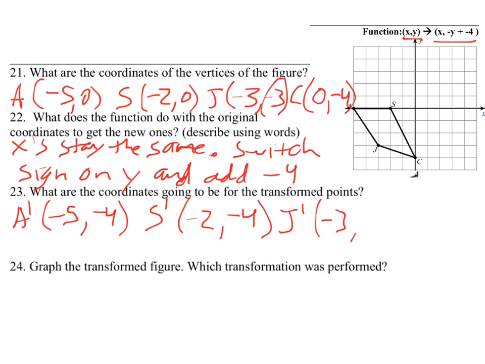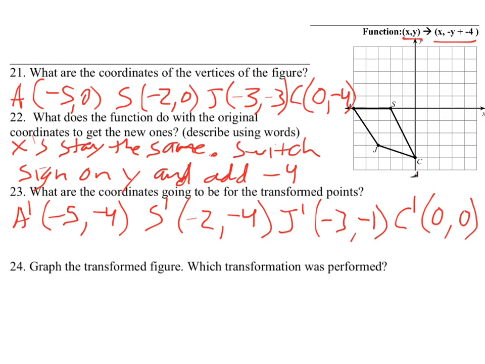We're going to switch the sign on this 3, to make it positive 3, and then add negative 4. That would give you negative 1. And then finally C prime. 0 stays the same. Change the sign on the negative 4 to make it positive. Then add negative 4 is going to make it 0.